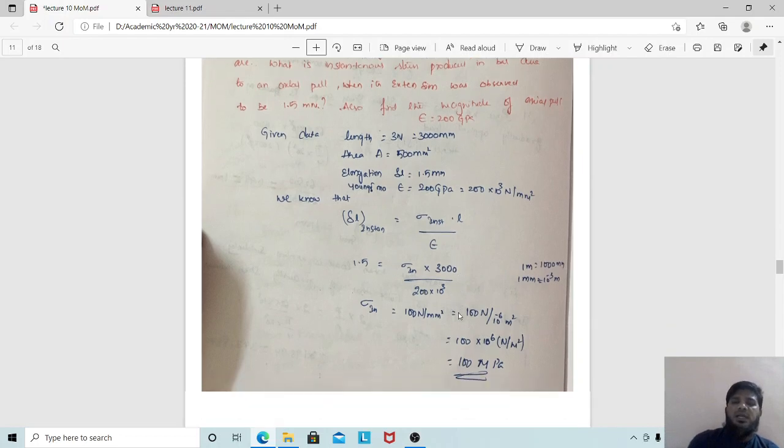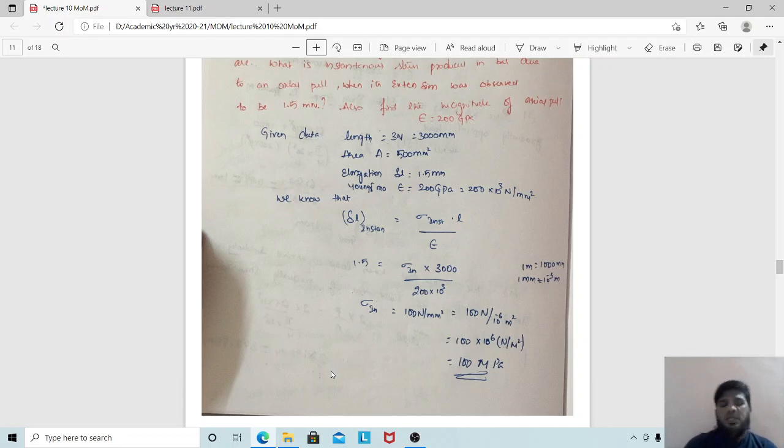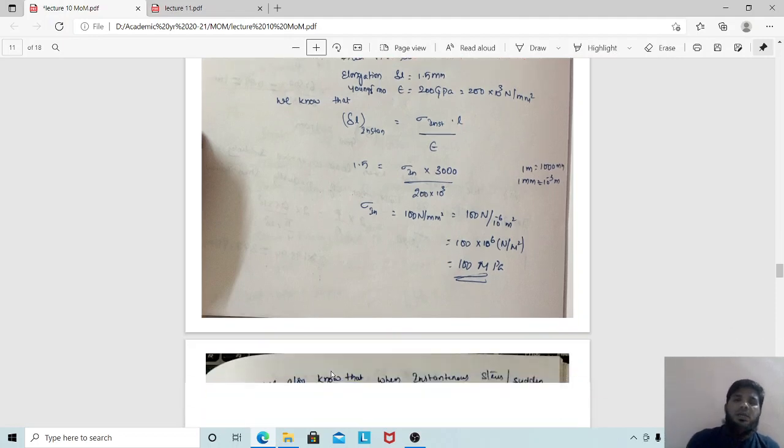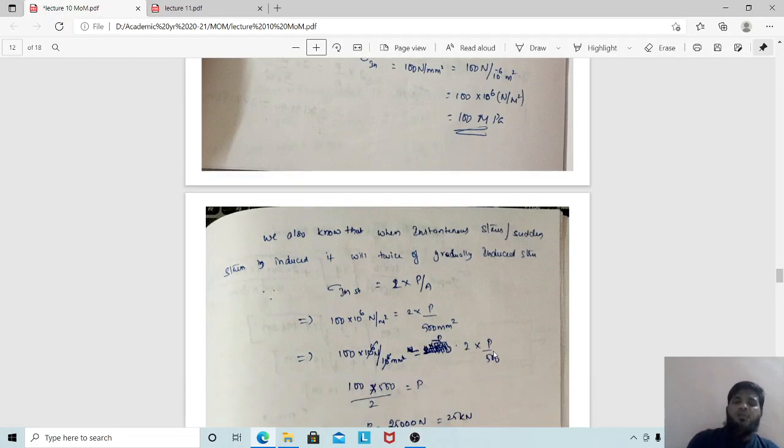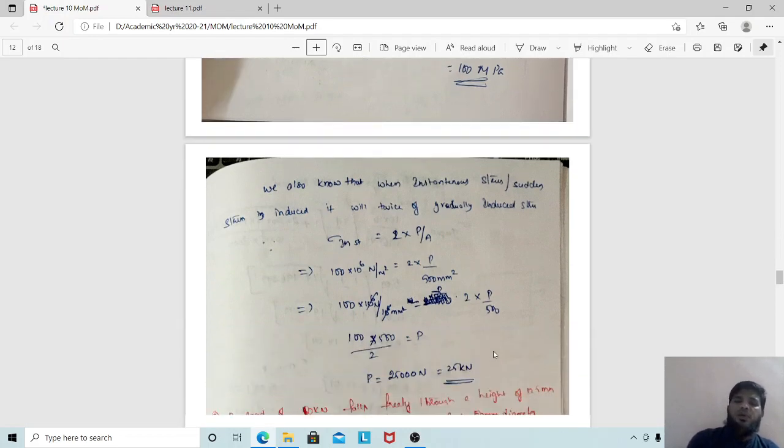The difference is that instantaneous stress is generated when load suddenly falls on it, whereas gradual load is when you apply the load slowly on a material. We know the relationship between the instantaneous and gradual load, and based on that, we can identify the value of the load. So we have done both of these.